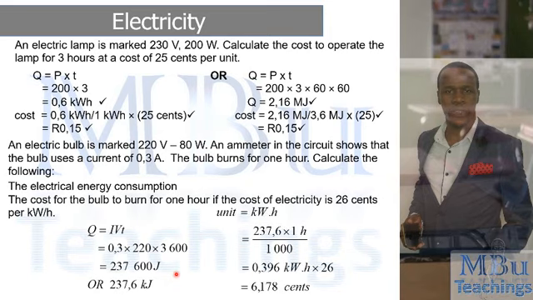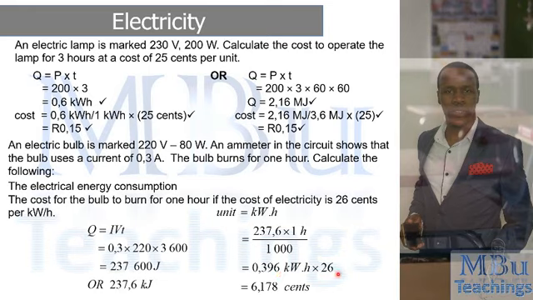Then the second question, the cost. Now we are looking for the cost. We already have our energy. So now we will just divide it by 1000, multiply it by 1 hour. Then we have that answer.